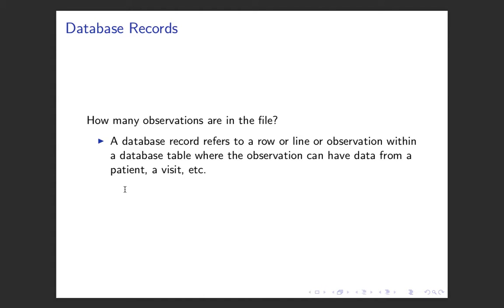So again, a file will have observations. Each record refers to a line or observation. We talked a little bit about the wide and the narrow format, remember? So the wide format would be, I have one line, which is the person's ID, let's say person 1, and then I have a lot of information on them.